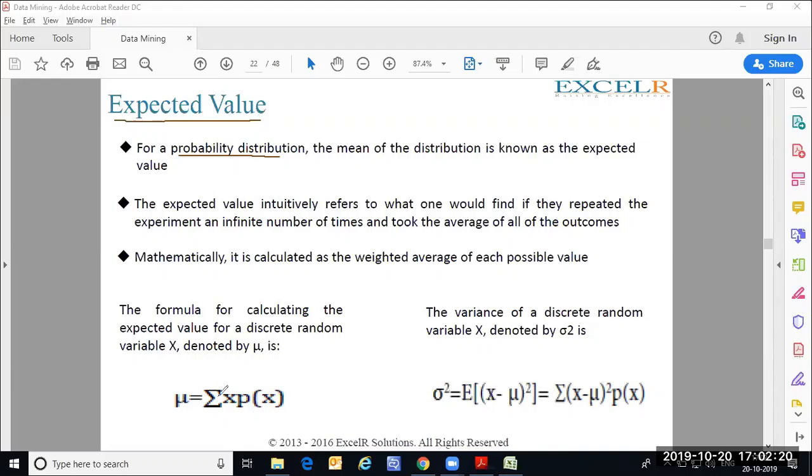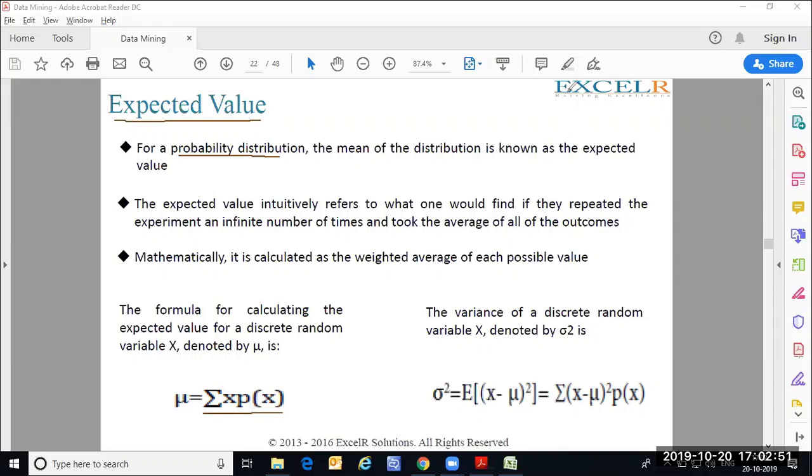So effectively, the probability associated with the respective event will be multiplied, and taking a summation of all such events would yield the expected value. That means we are giving relative weights to each of the events that is going to occur.